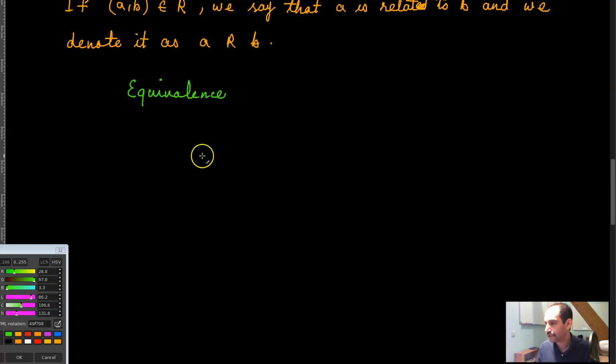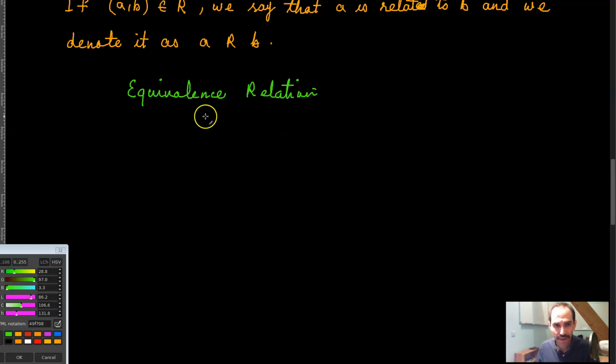To study the equivalence relation, we first consider three types of relations that we need to learn first, and through those we can learn the equivalence relation.